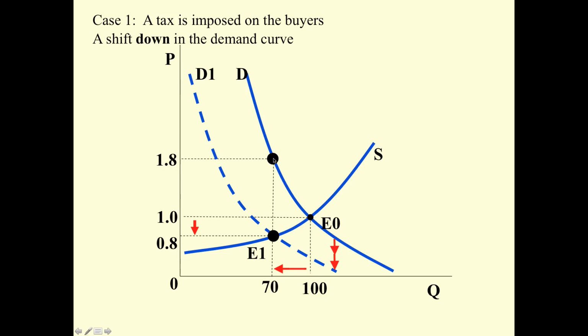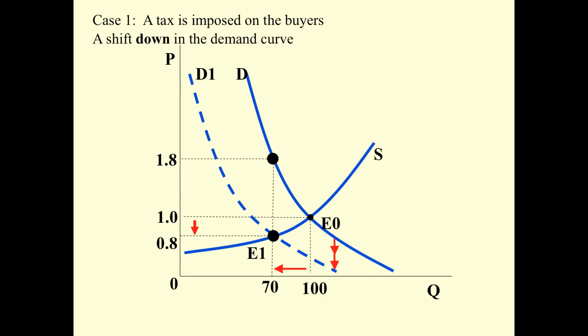They have to pay $1 to the government in the form of the tax, and that leaves only 80 cents as their willingness to pay the seller of this item. So that $1 tax shifts the demand curve down by the amount of the tax because it reflects a lower willingness to pay. Here's the new equilibrium after the tax is imposed.